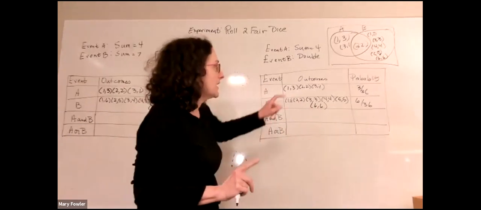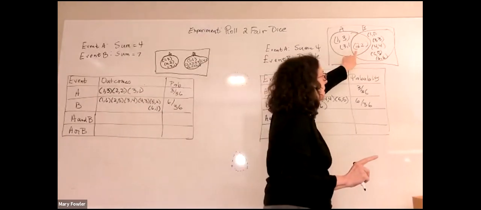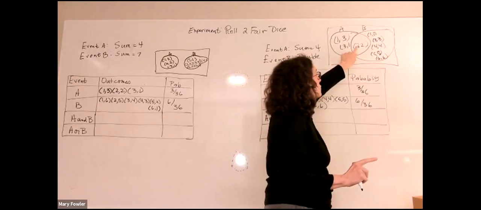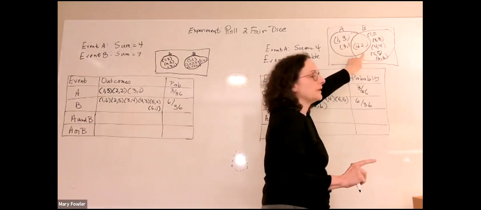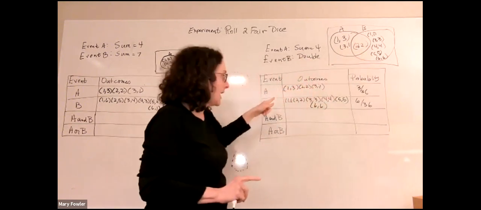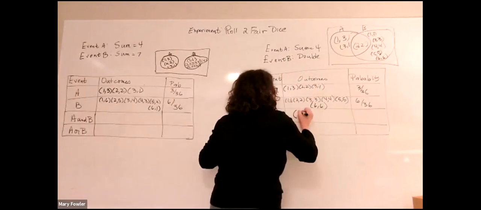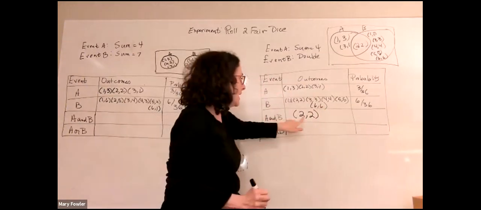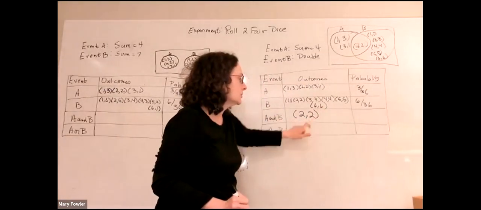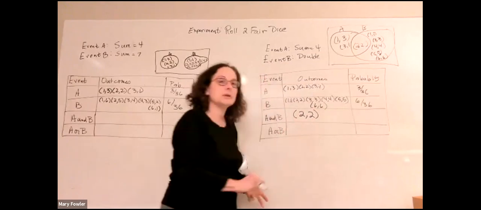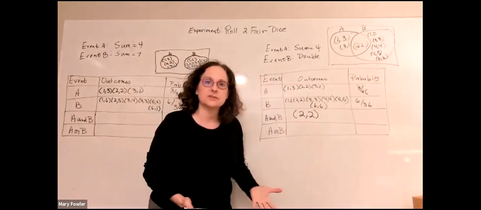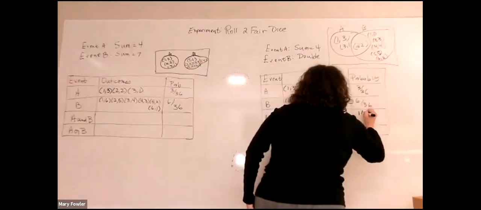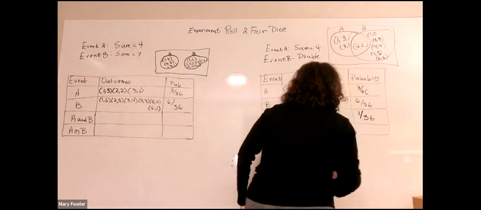The and event is all outcomes in A that are also in B. So the event A and B over here on the right-hand side is actually something because they overlap, and it's 2, 2, okay? And the probability of A and B is the number of outcomes in A and B, and in this case, it's just 1. So the probability of A and B is 1 over 36.